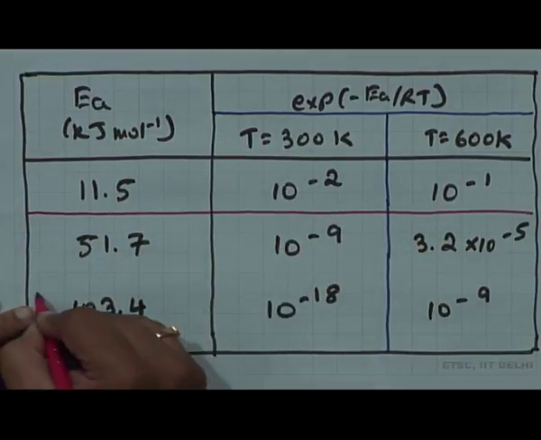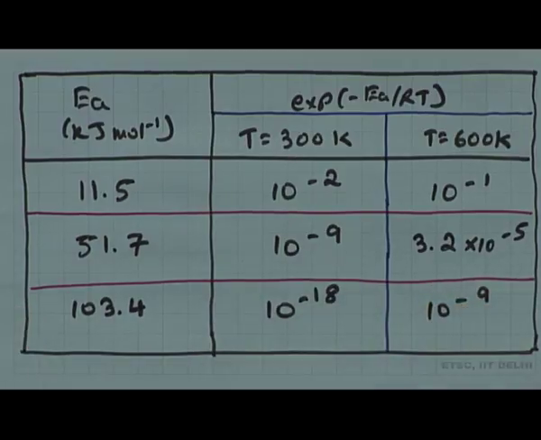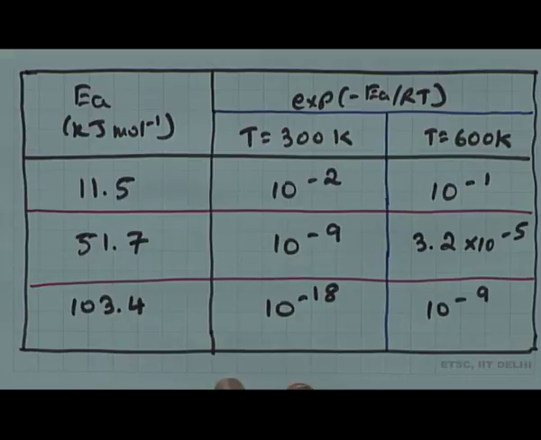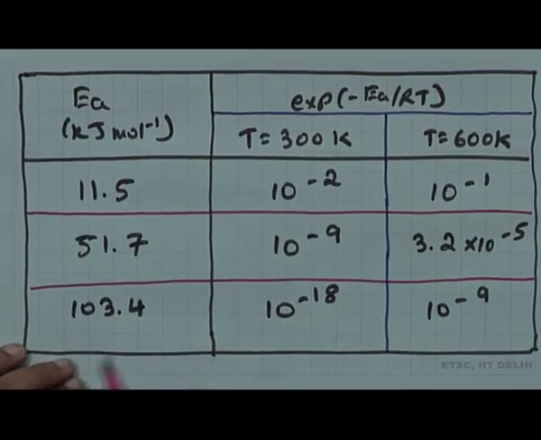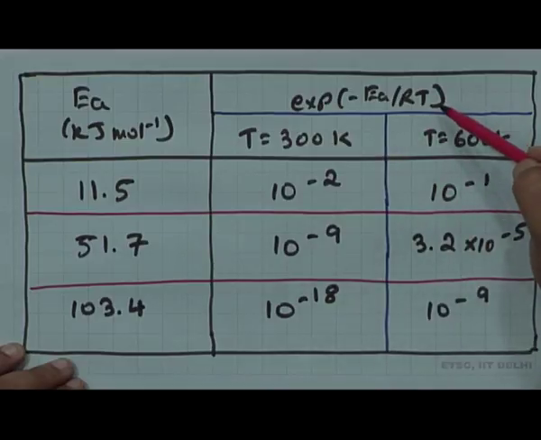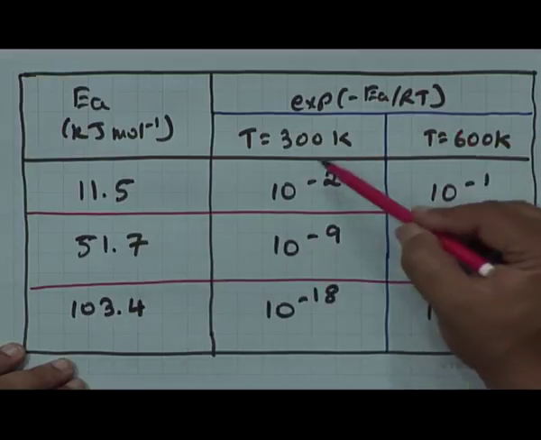If I draw these lines in between to make it a little more clear, I have taken 3 activation energies, and 2 temperatures, 300 and 600 Kelvin. For a given activation energy I am calculating this exponential factor, exponential minus EA over RT, where I know EA from here and T from here.